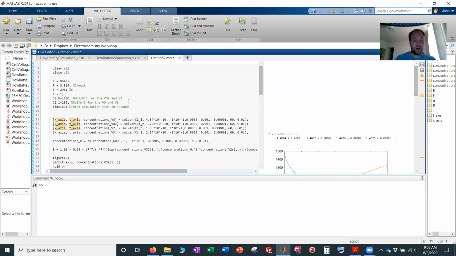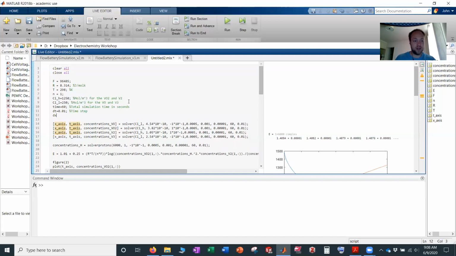And then we'll have dt, which will be 10 milliseconds, or 100th of a second. This is your time step. And then we'll do dx, and that's going to be 1e to the negative 5. So this is your distance step in meters, and this is in seconds.